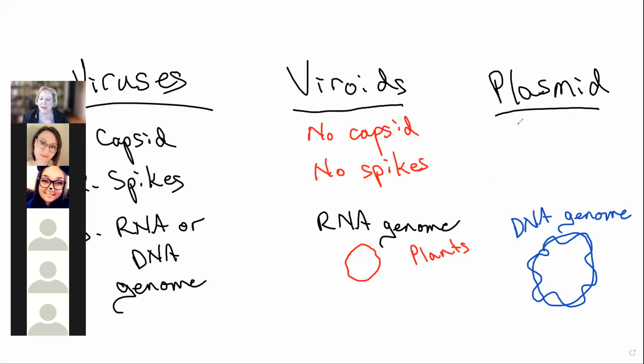Okay, but once again, no capsid, no spikes. Okay, so how do they get from cell to cell? It's one of the 5 transes.